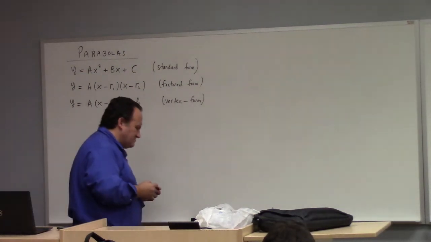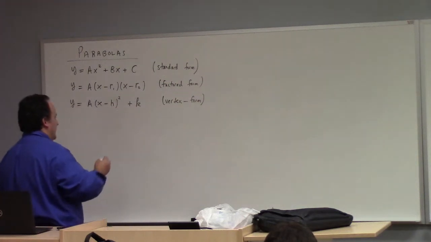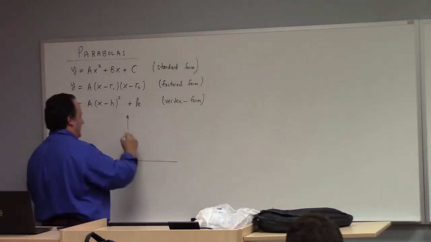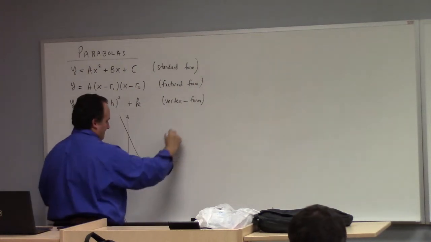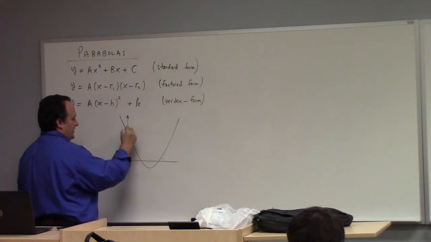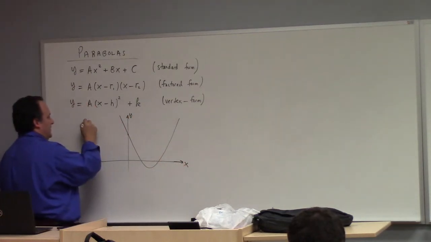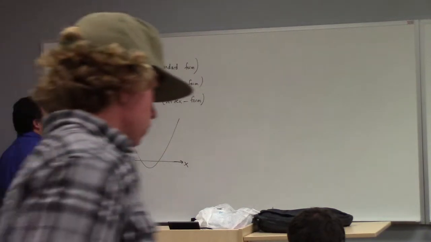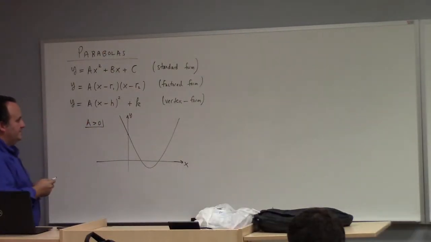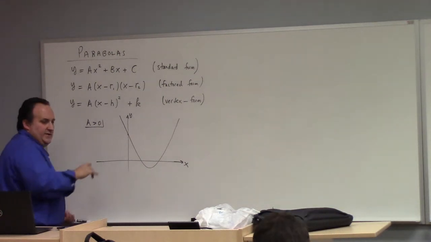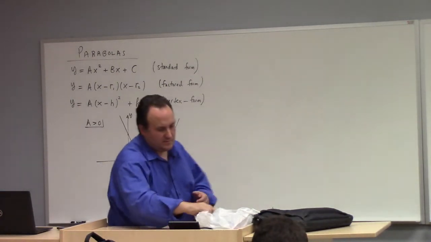So a picture, generically, could be something like this. This isn't totally generic. I'm assuming for my picture here that a is greater than 0. If I have this, I can label some points.